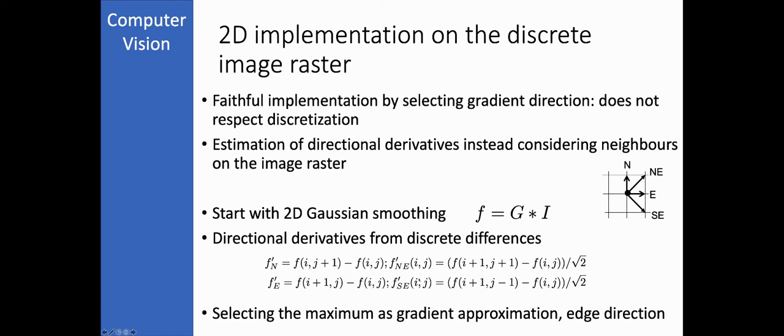Notice that these are slightly different, because the diagonal elements need to be corrected by a square root of 2, since the distance is longer in this direction than in this direction. We compute these 4 derivatives at each point in the image, then select the maximum as the gradient approximation, and keep the corresponding direction as the direction of the edge.